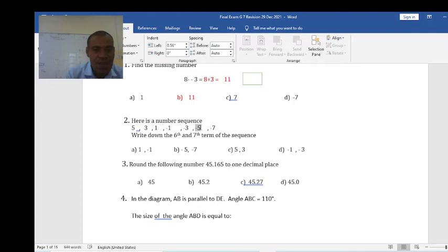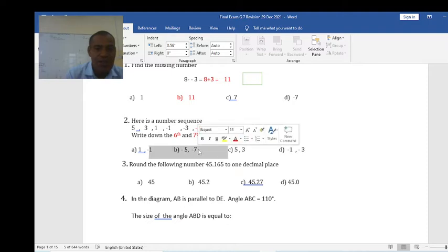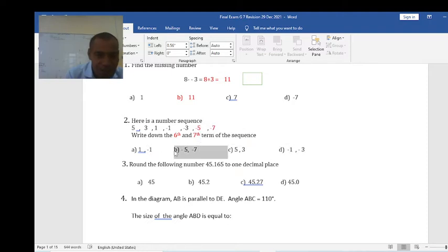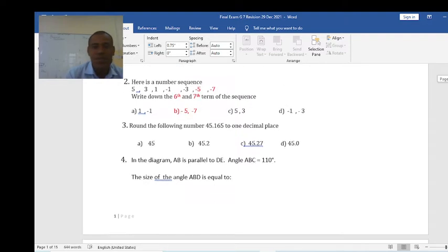This is the 6th term, and the question is looking for the 6th term. Also this is the 7th term, and the question is also looking for the 7th term. Clear? So the correct answer, learners, is that. This is an example that can help you revise sequences.